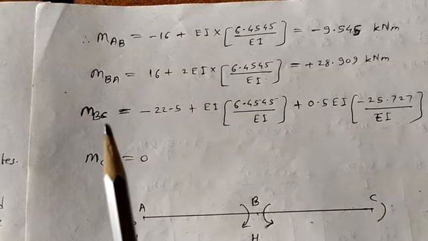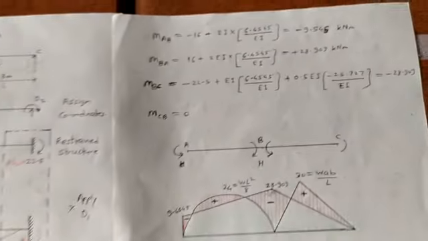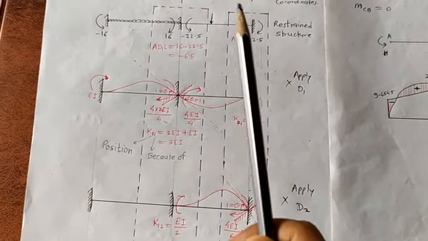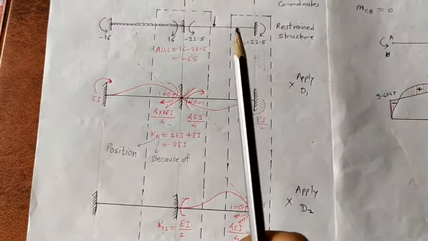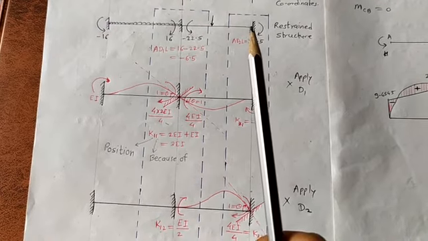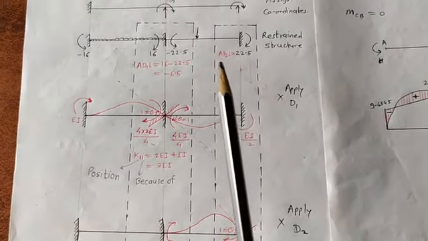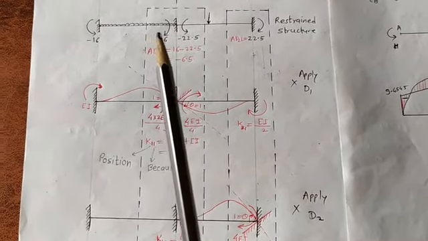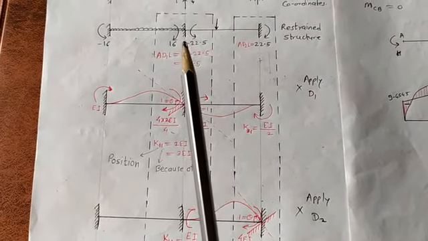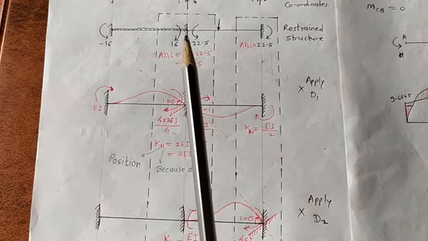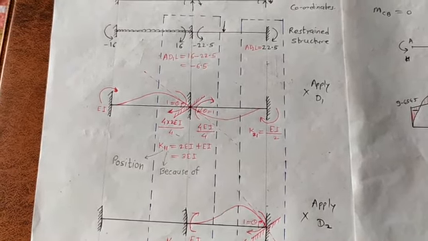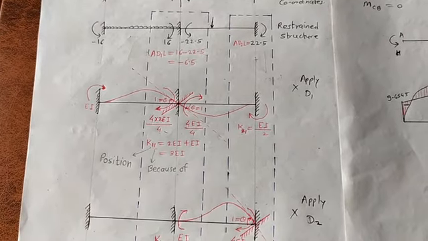Now how to find MBC? To find MBC, sorry, we have to consider the joint B, and just consider the right side of B. But we have already found out MBA.